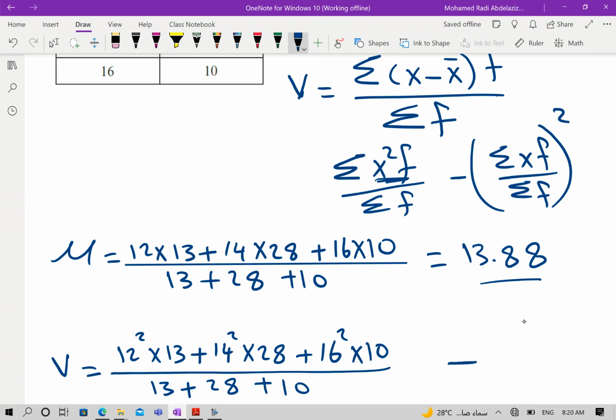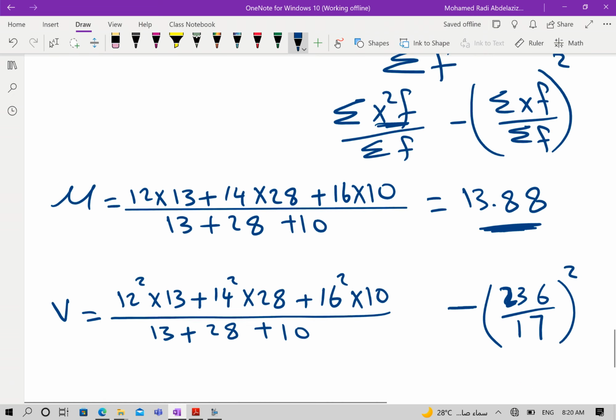It's better to keep your answer for mu exact as a fraction. Do you remember the fraction? 136 over 17? 236 divided by 17 squared.